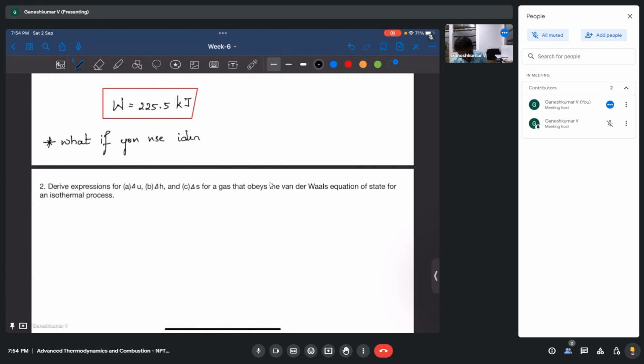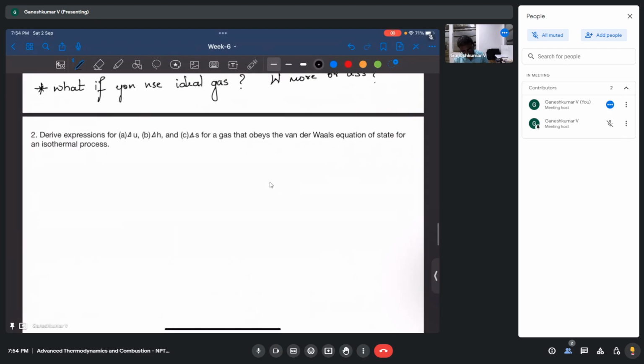Ideal gas. So probably my guess is the work done would be lesser for an ideal gas. Or the work output in this case. Yeah. Let's see. You can give it a try and let me know.